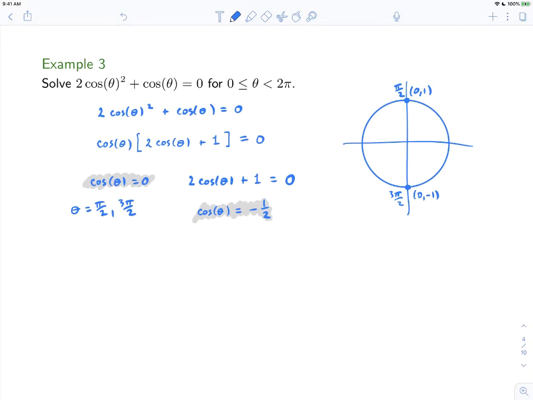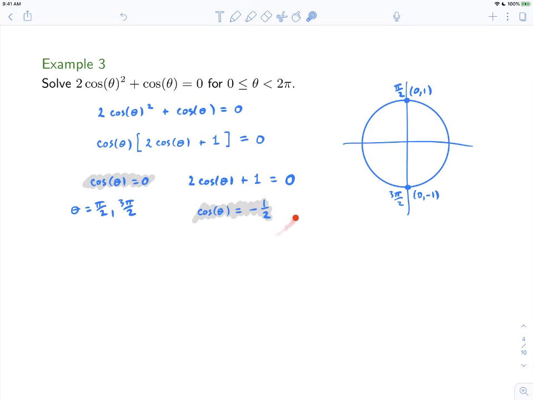Any angle which is coterminal with either of these will also give you 0, but we're only looking at theta between 0 and 2 pi, within one complete counterclockwise rotation. So we don't have to worry about any angles other than pi over 2 and 3 pi over 2, at least not for this first equation.